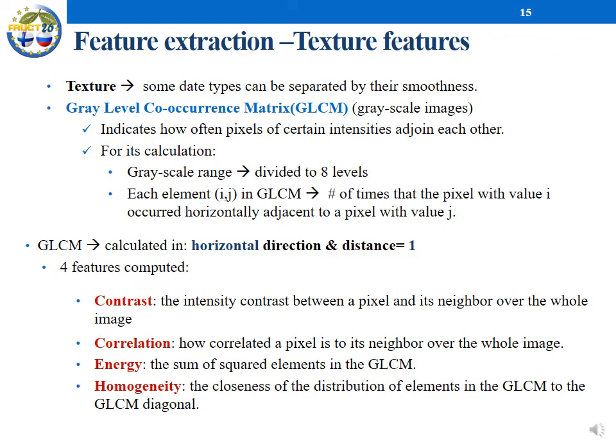The next features are texture features. We use the well-known gray level co-occurrence matrix, GLCM, and from GLCM we extract 4 features as follows: the contrast, the correlation, the energy, and the homogeneity.